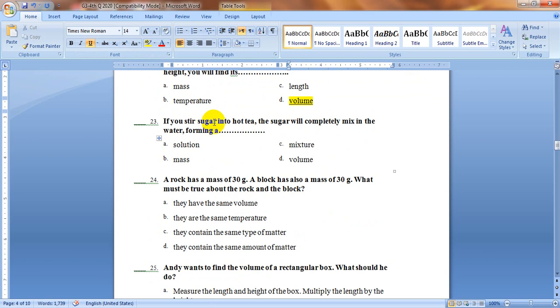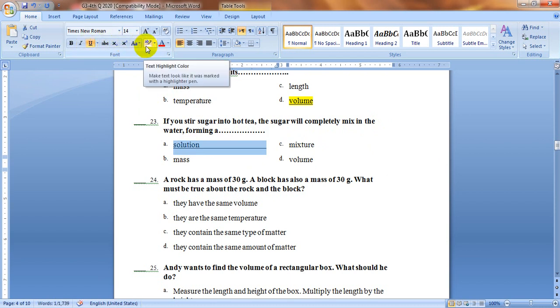If you stir sugar into hot tea, the sugar will completely mix in the water, forming a solution, mass, mixture, volume. It will form a solution because we will not see the sugar. It will dissolve in the hot tea.